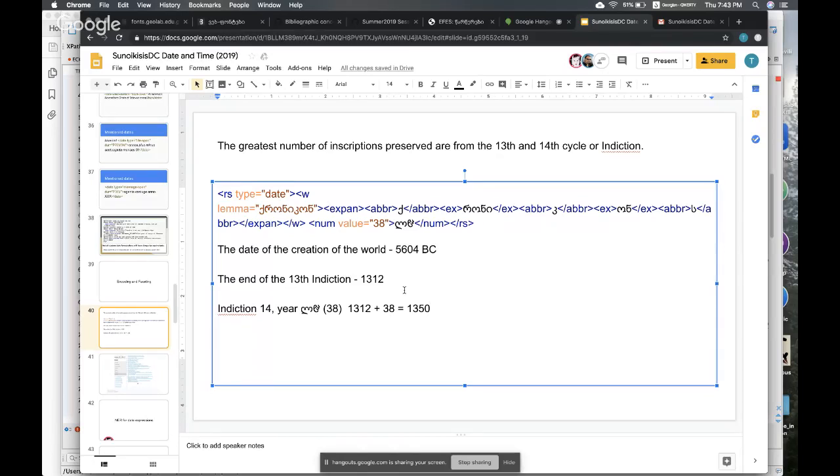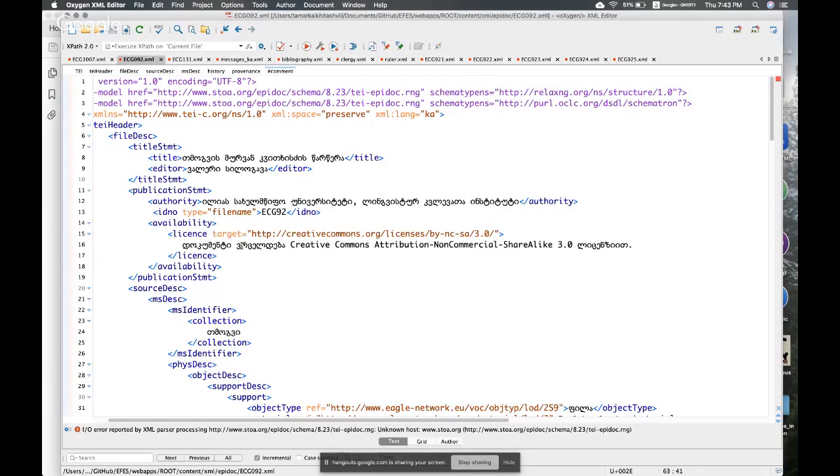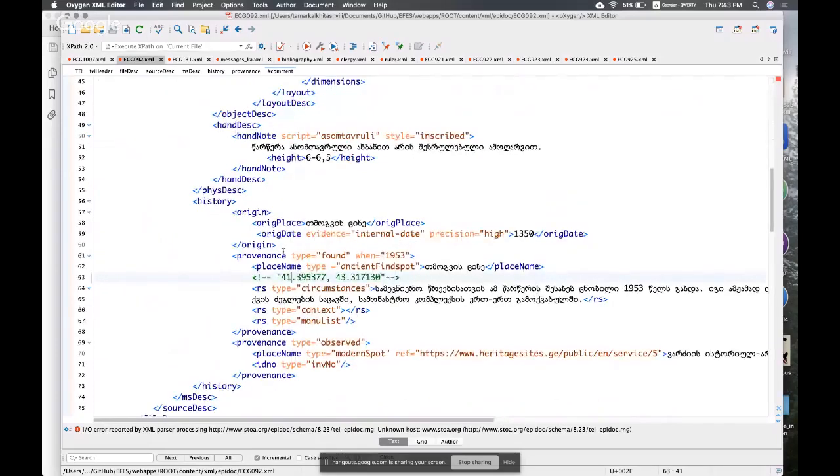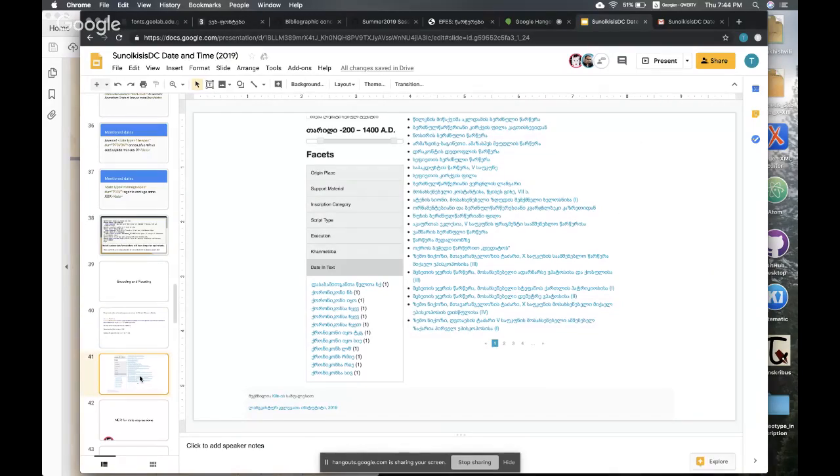We also mark up the date, and we say in the metadata, in the TEI header, that there is evidence of internal date and its precision is high. And then this is the result when we have encoded all the inscriptions we have now in our corpus this way.